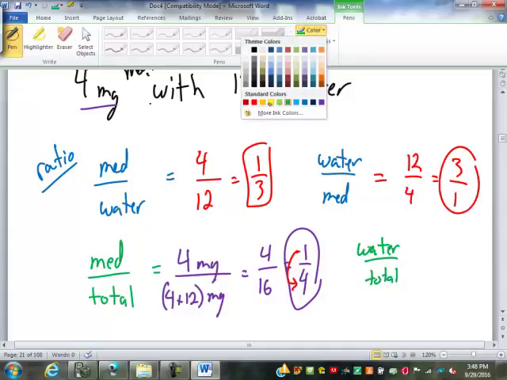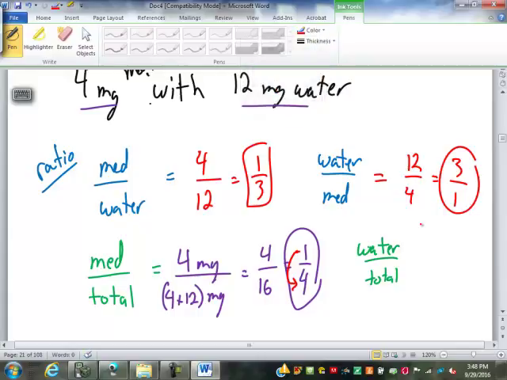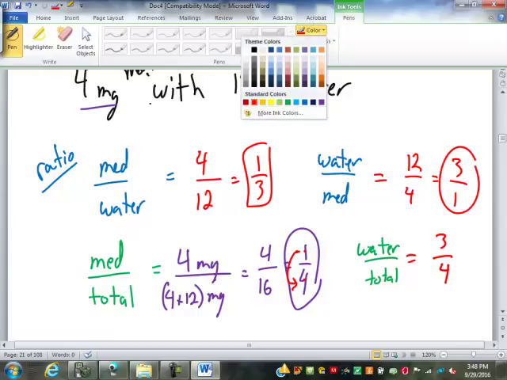I could go back and do 12 out of 16 and then reduce it. Or I could just look at this and say, if 1 out of 4 parts is medication, how many out of 4 parts must be water? 3. 4 minus 1 is 3. If 1 out of 4 parts is medication, the other 3 out of the 4 parts has to be the water. Does that make sense?